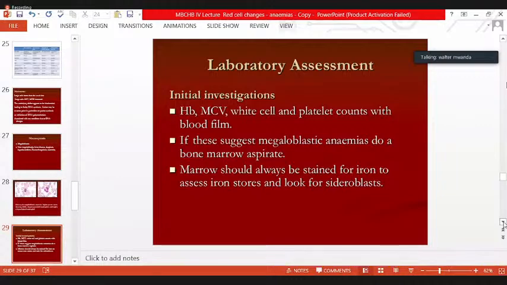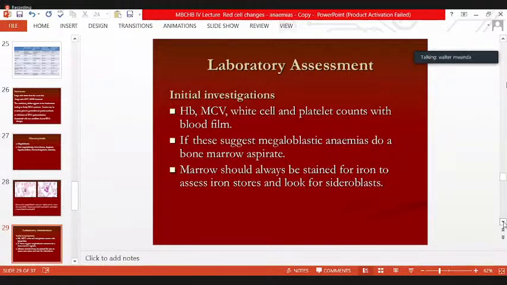Is it megaloblastic or non-megaloblastic? In which case, we should do bone marrow examination. May I repeat, bone marrow is the only place where megaloblasts are found. Megaloblasts are seen in the bone marrow.